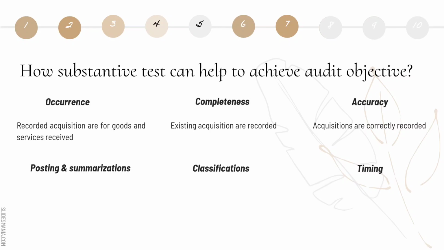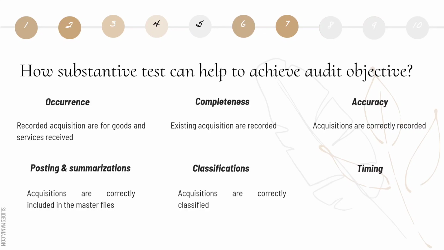Accuracy is when all the acquisitions are correctly recorded. Posting and summarization: all acquisitions are posted and summarized correctly in the master files. All acquisitions are correctly classified, assets in assets and liabilities in liabilities file. Last, all acquisitions are recorded on the correct dates, not earlier and not later than the acquisition date.